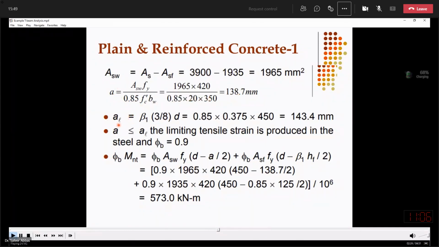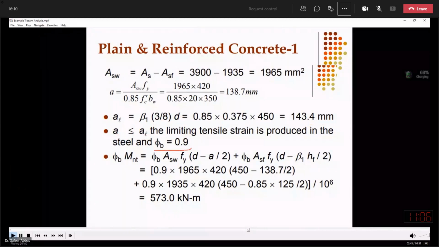Now we need to calculate a_l, which is beta 1 times 3/8 d, and we will get 143.4 millimeter. If a is less than or equal to a_l, the limiting tensile strain is produced in the steel, and we can use phi b equals 0.9.